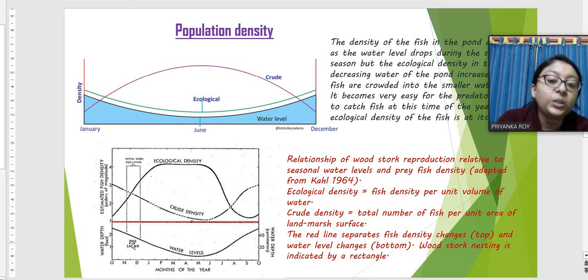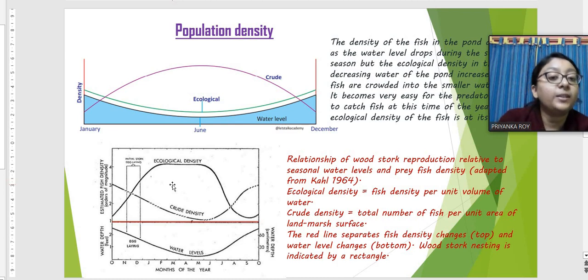Because they know that once their eggs hatch, they will require a lot of food for their babies and for themselves. So when the water level is dropping in the summer, that becomes a very crucial time for them to feed on the fishes, and it's easier to catch fish at that time. Therefore they have changed their nesting or egg-laying pattern according to the population density of their prey.